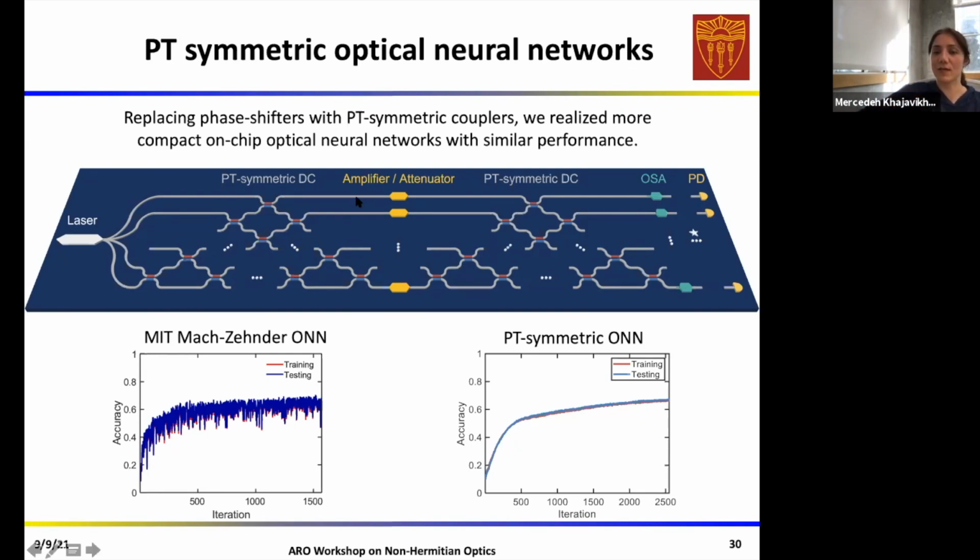We even showed that if you do this, you get pretty much the same behavior and response, especially when you do training. You can get the same accuracy level as from the Mach-Zehnder-based system.